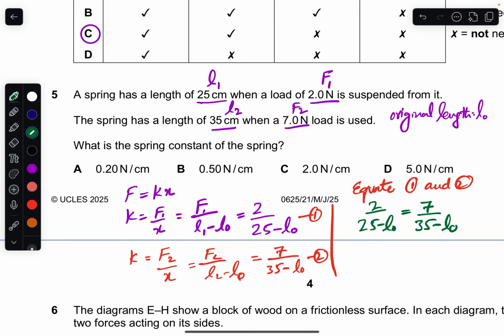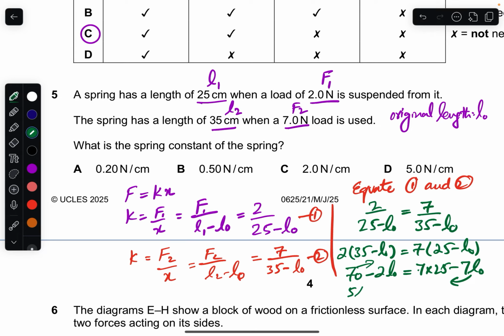Now you have to rearrange the equation. It will be 2 into 35 minus L naught equals 7 into 25 minus L naught. This will give you 70 minus 2 L naught equals 7 into 25 minus 7 L naught. You can take this on the left hand side, this on the right hand side.